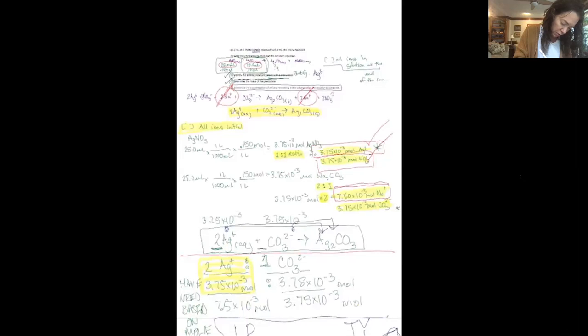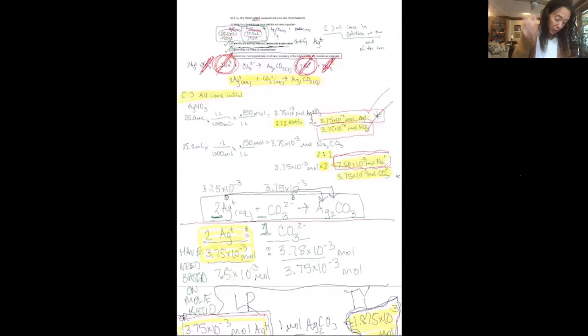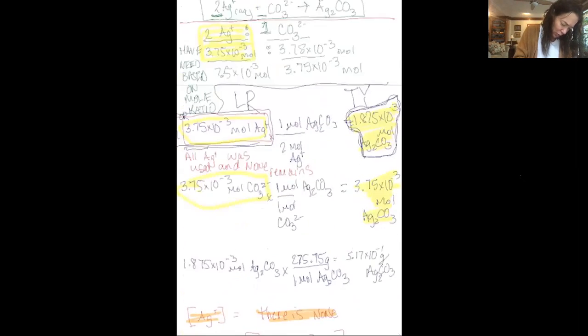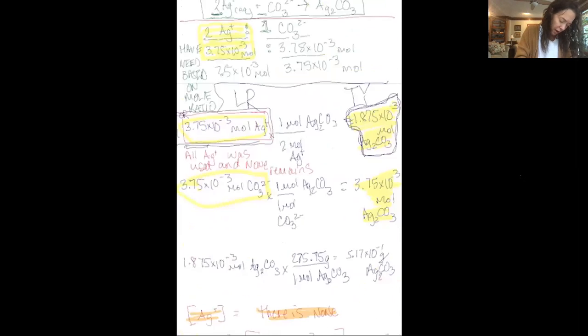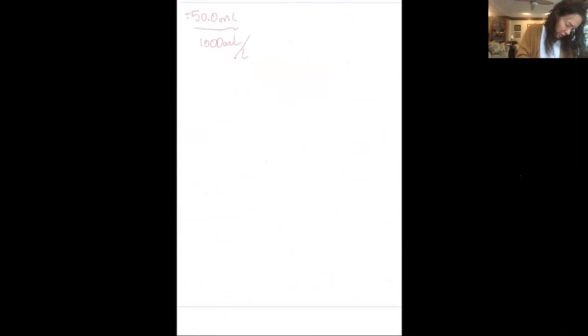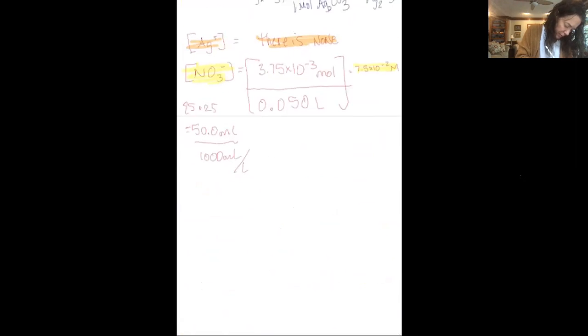Sodium, we started with 7.5. Sodium is also a spectator ion, so all of it remains. And what do we have? For the sodium ion, we have 7.50 times 10 to the negative third moles.